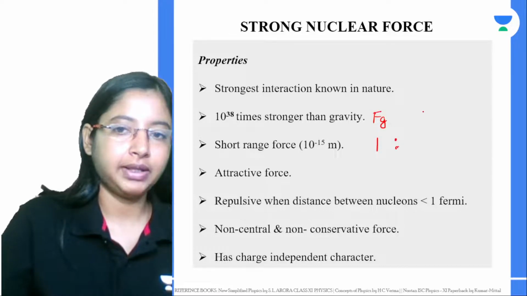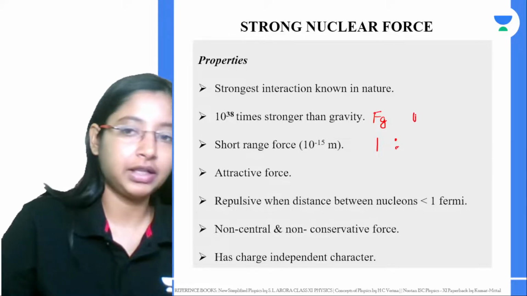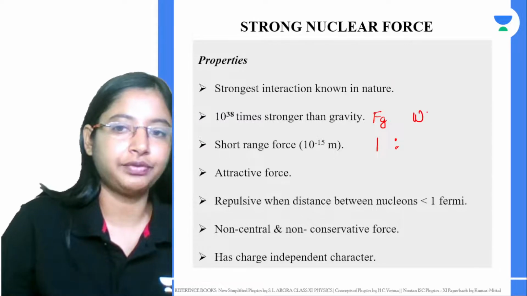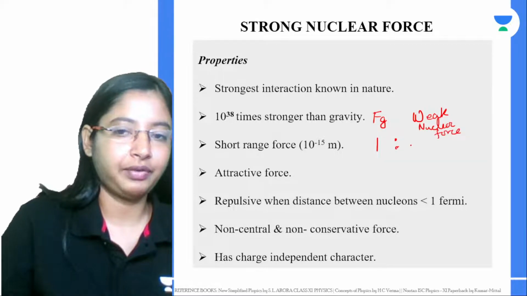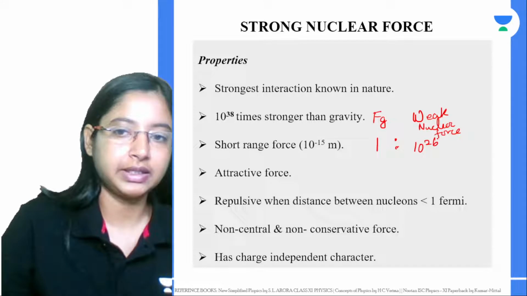We have one more force to study, that is the weak nuclear force. The weak nuclear force, when compared to gravitational force, is 10 to the power of 26 times greater.